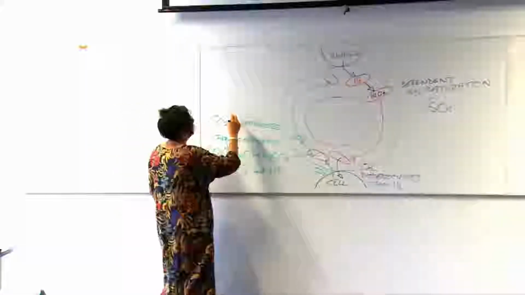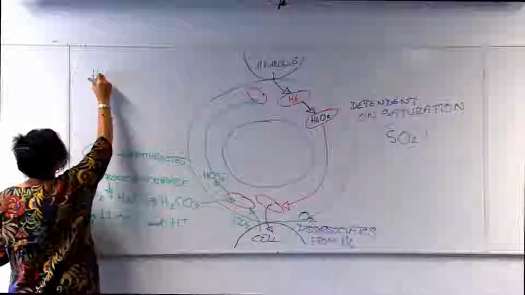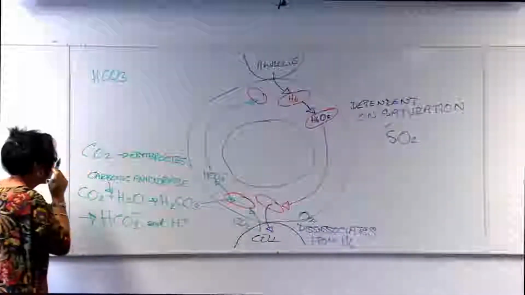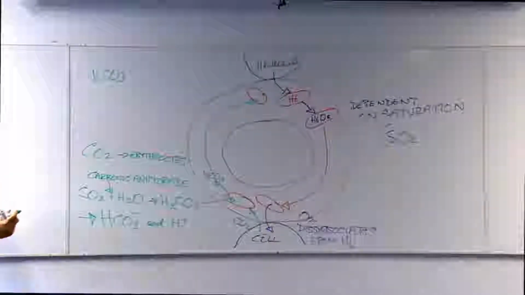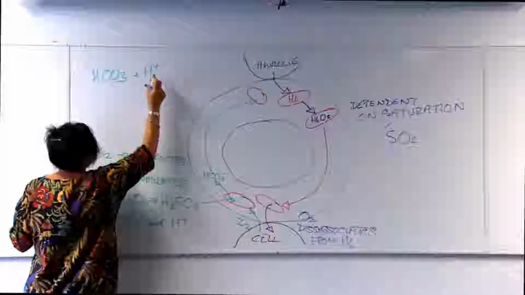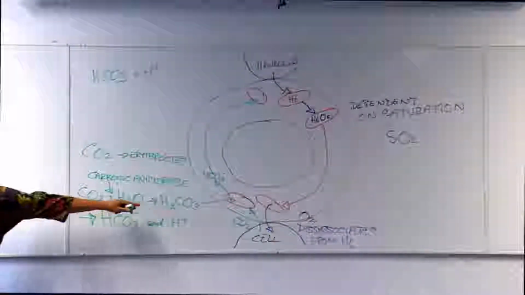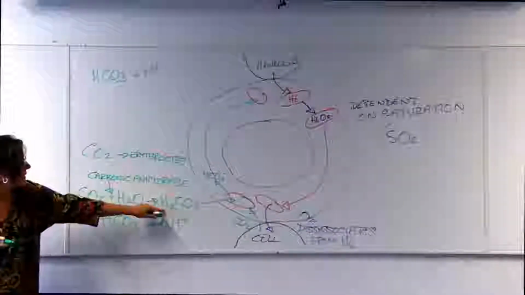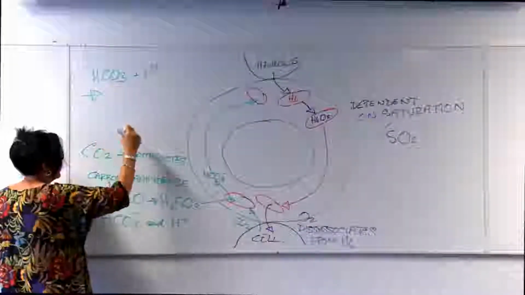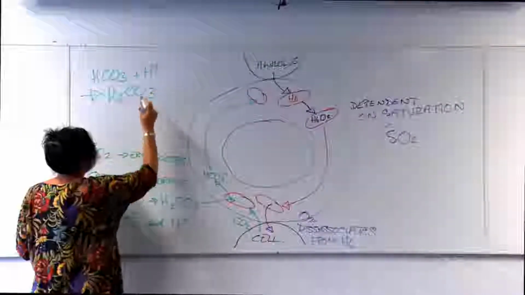So we have HCO3 minus and our protons, H+. If we reverse this back again, what was our step before? It was carbonic acid. That's converted to our carbonic acid, H2CO3.